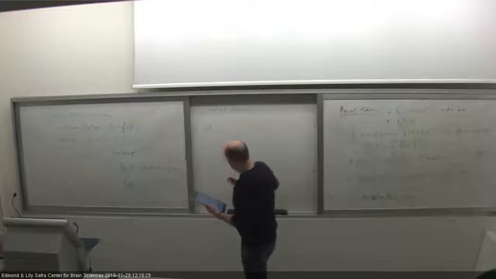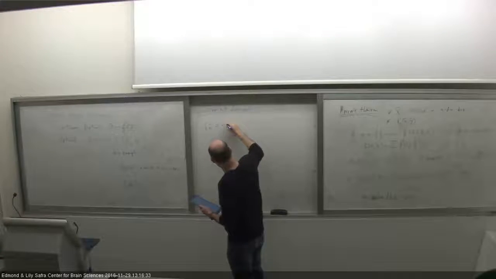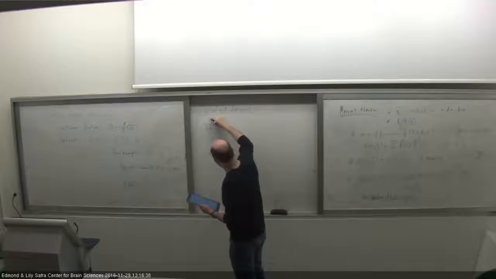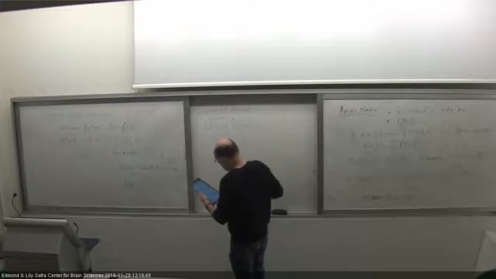I didn't write it. So delta W is just minus eta. Eta, we used it in the past to denote the learning rate. Minus eta times the gradient with respect to W of the training error.